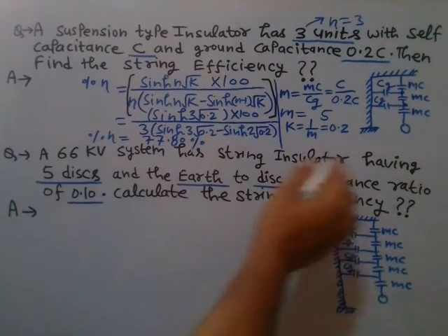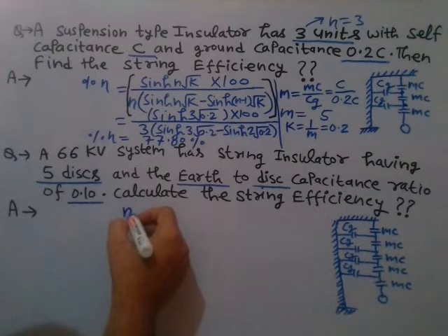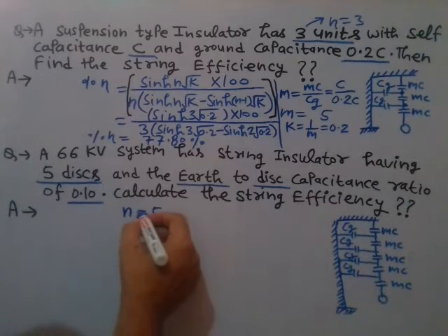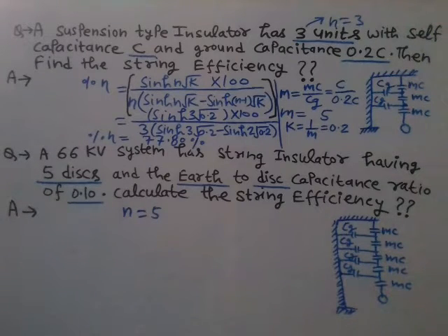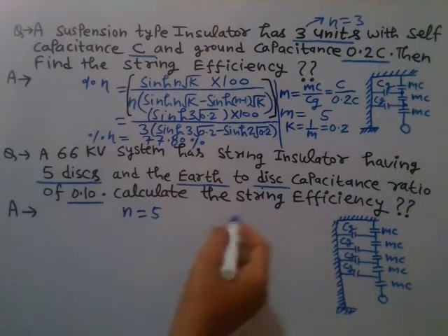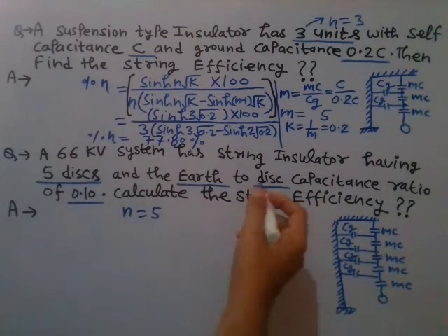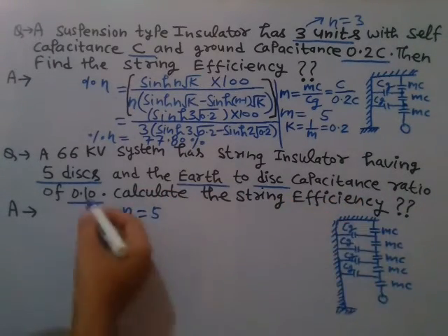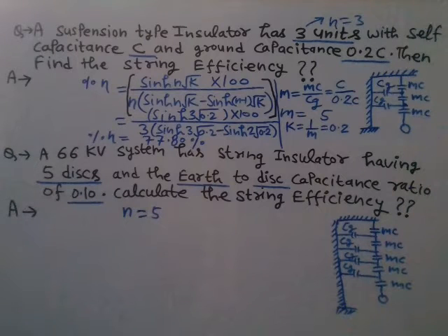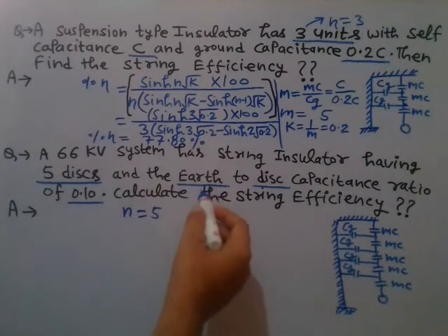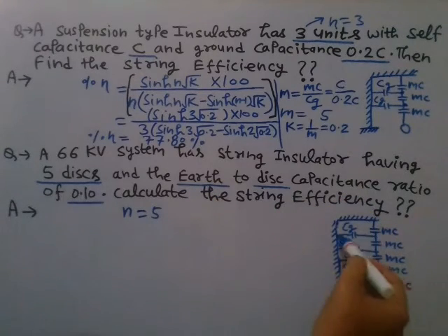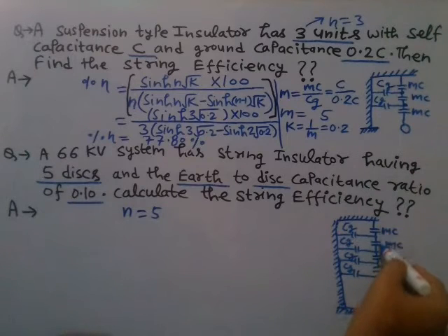So here a string insulator is having 5 discs, so the value of n is 5, and the earth to disc capacitance ratio is 0.10, right? So ground capacitance or earth capacitance is Cg, and the disc capacitance or the cell capacitance or the mutual capacitance is Mc.